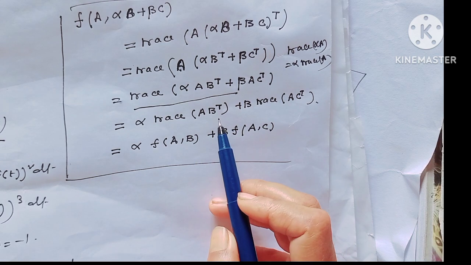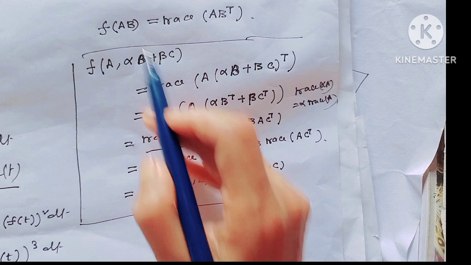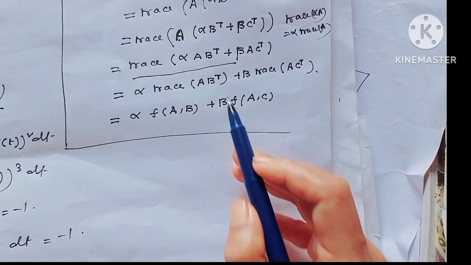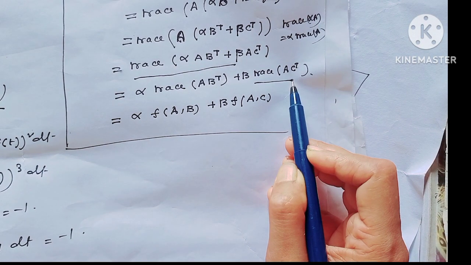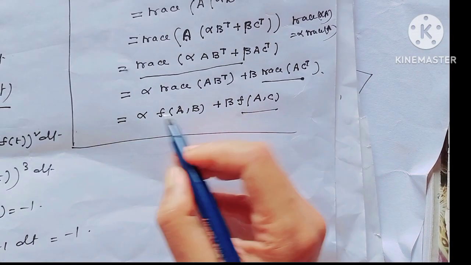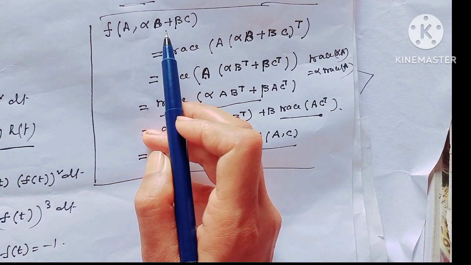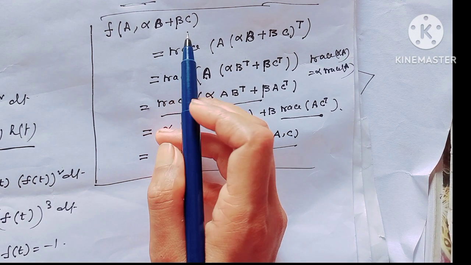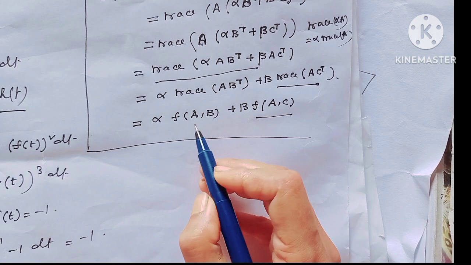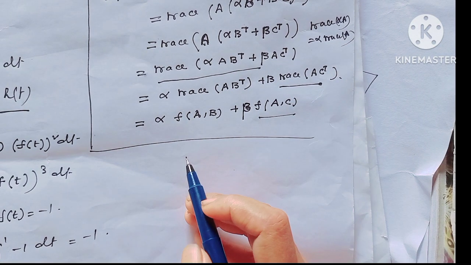And trace of AB transpose means, by the defined function, f of AB, and trace of AC transpose means f of AC. Therefore, f of A comma alpha B plus beta C equals alpha times f of AB plus beta times f of AC.